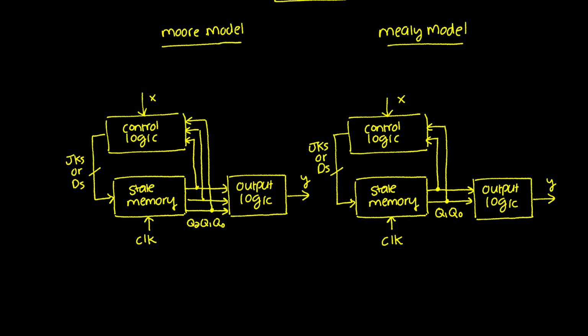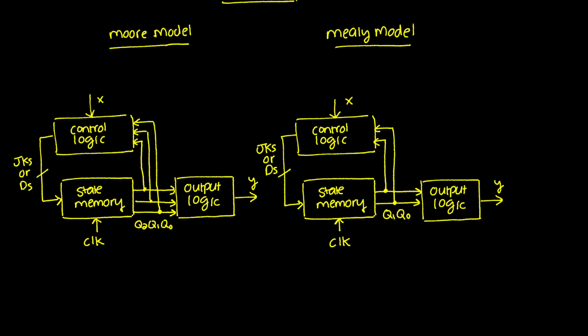So now I have one thing to add, which is I need to show that in my Mealy model, the output logic is dependent on my present state, but also on my input X. It's the presence of this that makes it a Mealy machine, not the presence or absence of this. I can have conditional transitions, right?